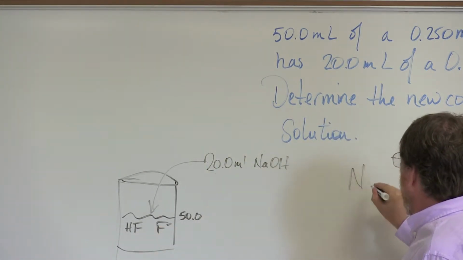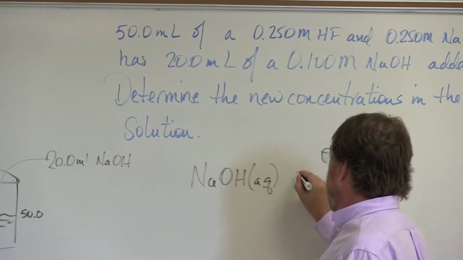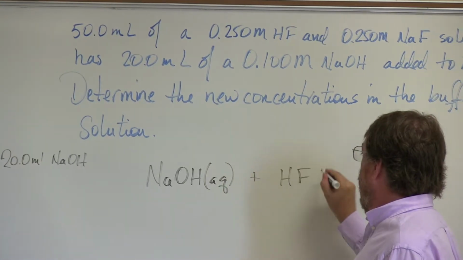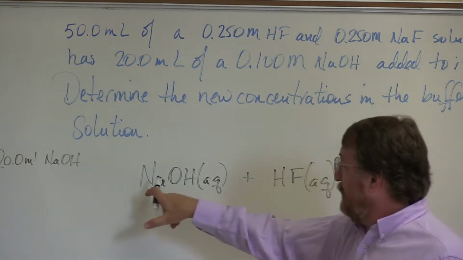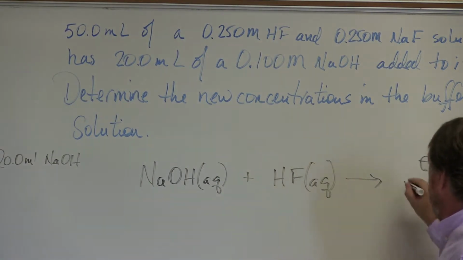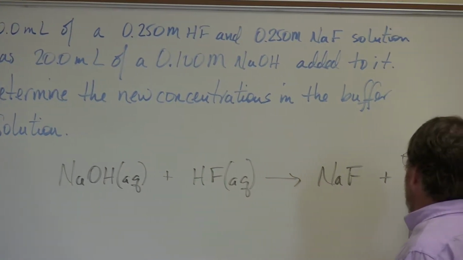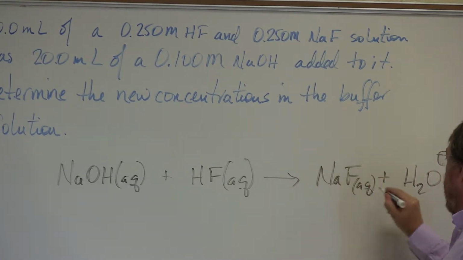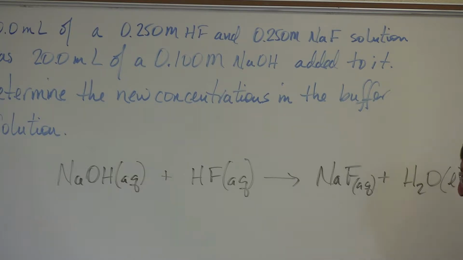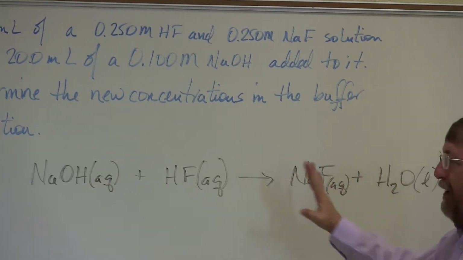NaOH plus HF. The cations switch, and we get NaF plus H2O. NaF is an electrolyte, and the water is a liquid. So there's our reaction. It's 1 to 1 to 1, so it's balanced as written.